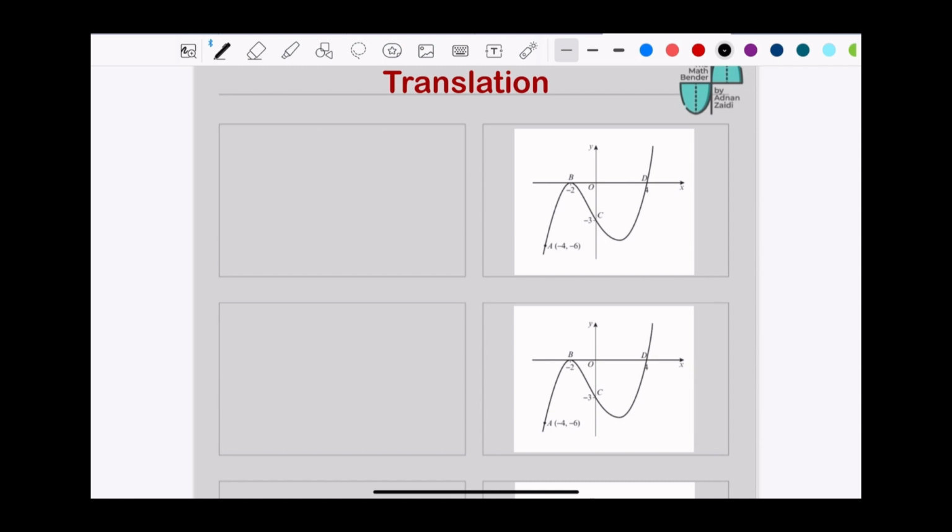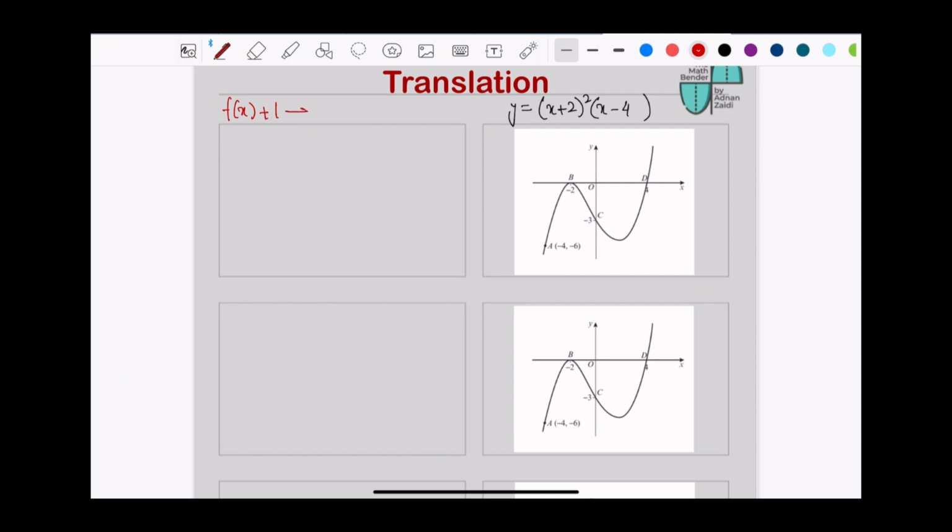For example, I just take an example that this curve is x plus 2 whole squared, x minus 4. Now what is f of x plus 1 going to be?